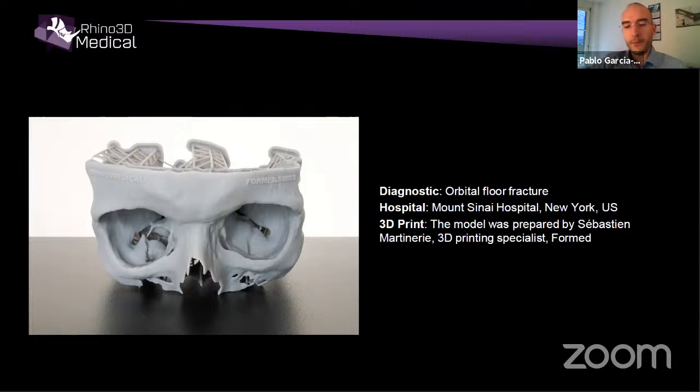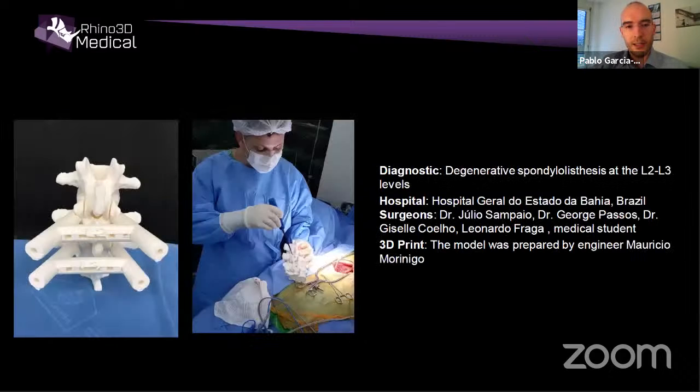And then we had recently this case of Dr. Julio Sampaio in Bahia, Brazil, who not only created an anatomical print of a spine, of a column, but also designed surgical drilling guides to operate this disease that we have here, degenerative spondylolisthesis at the lumbar level.